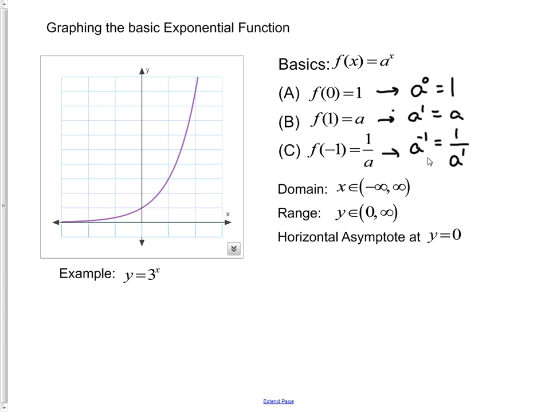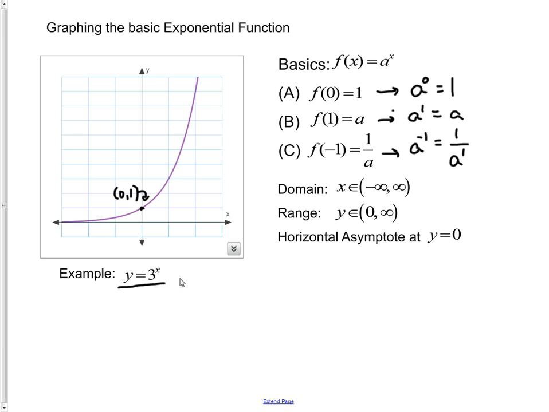What does this mean as far as the graph is concerned? Well, in the first case, if f of 0 is equal to 1, we know that our graph must pass through the point (0, 1). This is a given point on all basic exponential functions, and it doesn't matter what your base is. My example here is y equals 3 to the x.